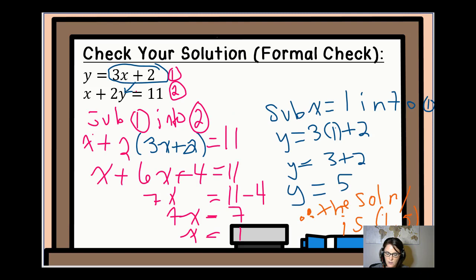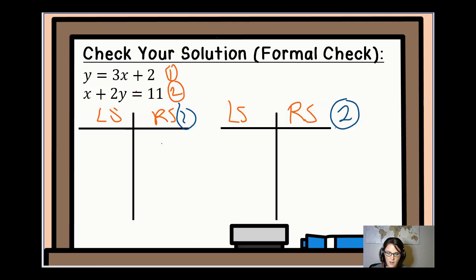Okay, so again, my solution we think is 1, 5. So we're going to check 1, 5. Wherever I see an x, I'm going to replace it with a 1. Wherever I see a y, I'm going to replace it with a 5. Rewriting the equation, so I have y on the left side, 3x plus 2 on the right side.